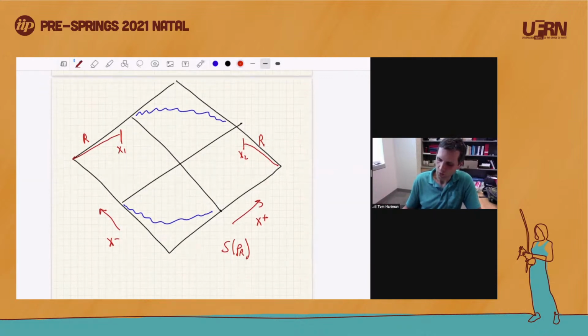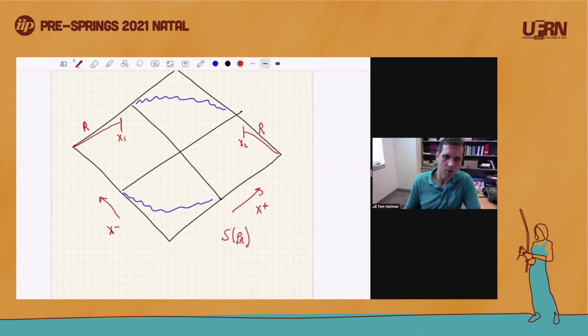Okay, we can immediately use our formula from the last half hour to do this calculation. R has two disjoint regions, but the complement region, A, is exactly like the A that we've been talking about.